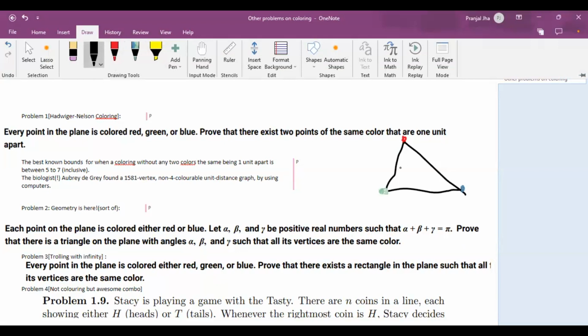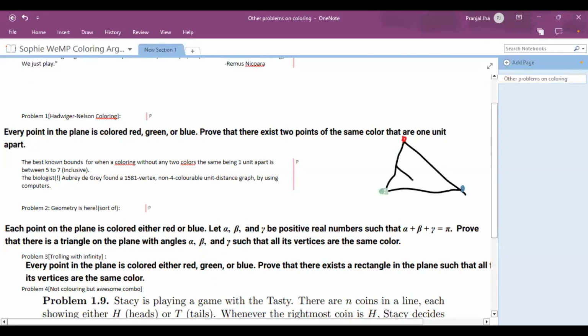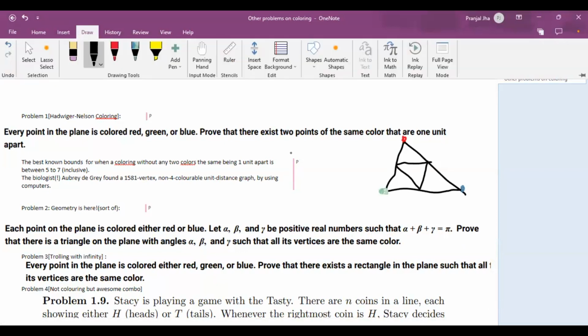Like the medial triangle, probably. Yes, very good. Very nice idea. By the way, any other ideas? Reflection maybe, looking at the top vertex.